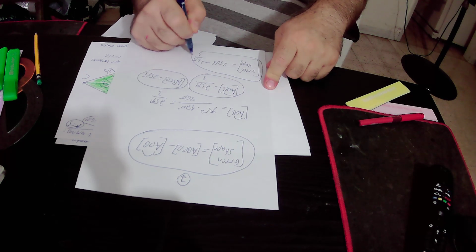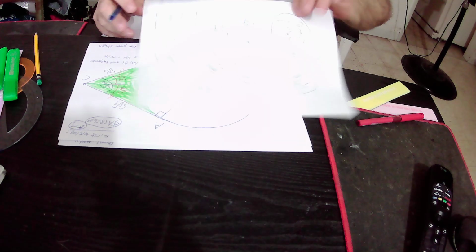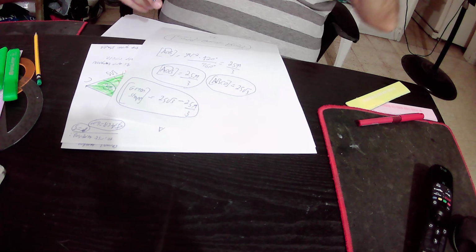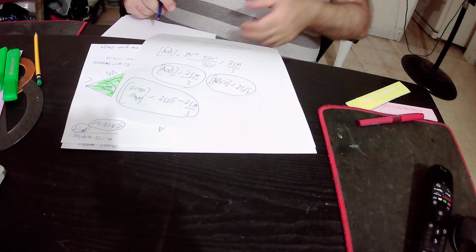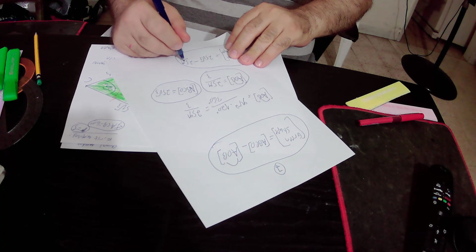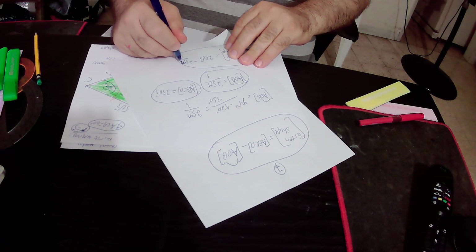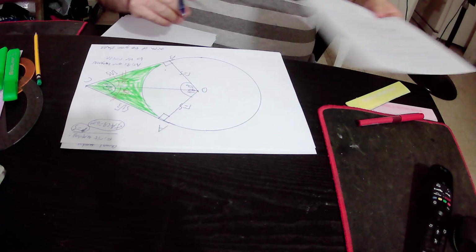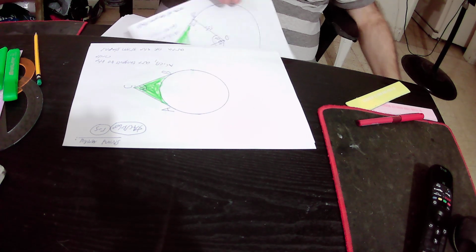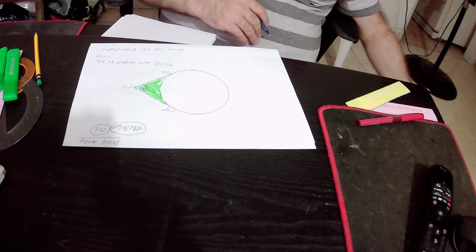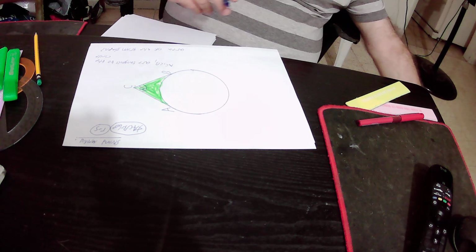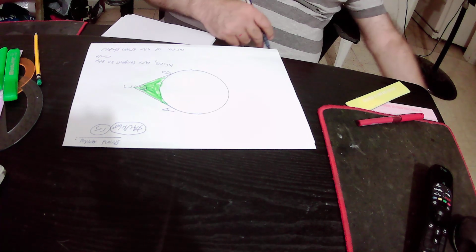So the final answer to the question is that the area of the green shape equals 25 times root 3 minus 25 pi over 3 square units. Okay, so we finished with the first method, and in the next step we will find out the area of the green shape according to the second method.